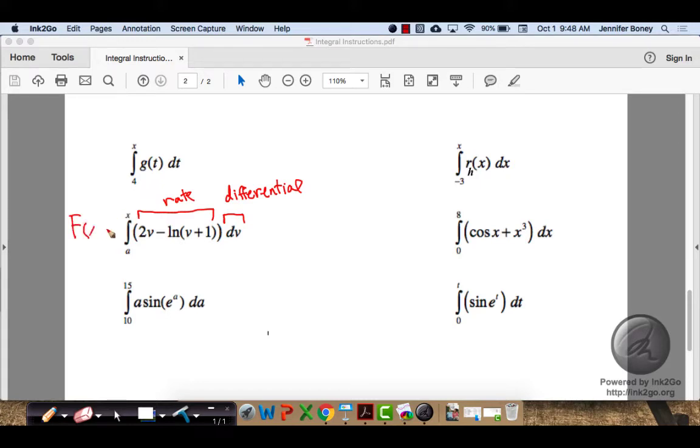The independent variable would be x, since that's where the integral ends. And so this way, if I were to substitute in and find capital F of 3, that would mean I'm finding accumulation between a and 3. And here's the function rule that I use. So this is my rate function rule. I've got a differential that has the same variable involved in it.